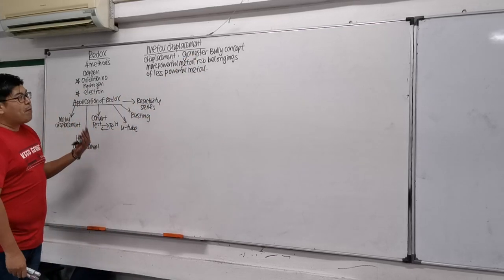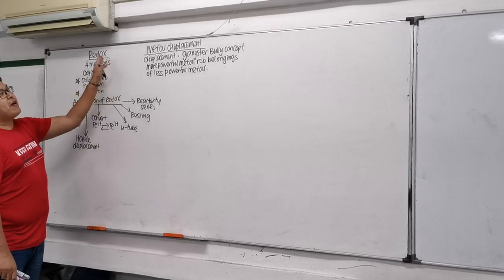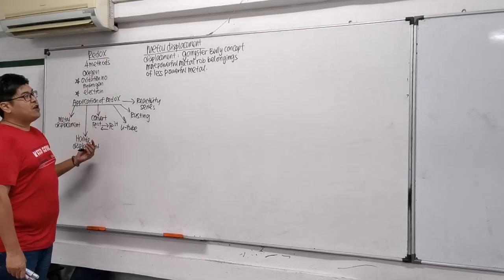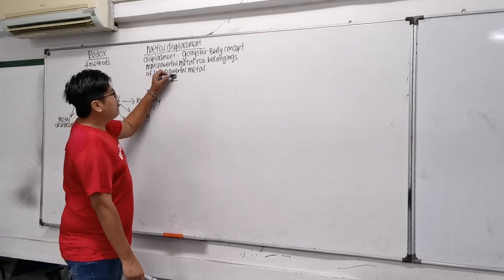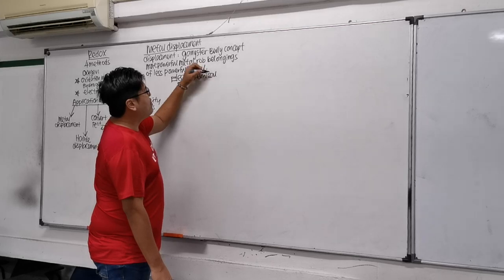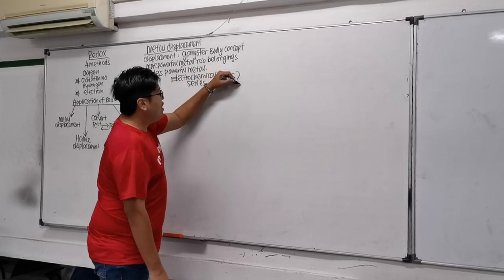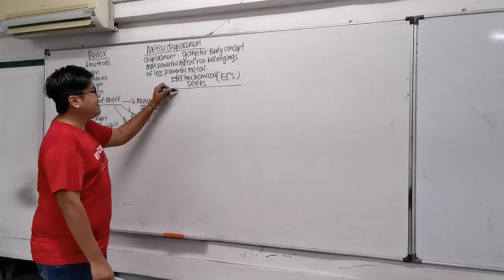Again, recall: how do you know which metal is the more powerful gangster, and which is the less powerful? You refer to the electrochemical series, ECS for short. You all must know this.